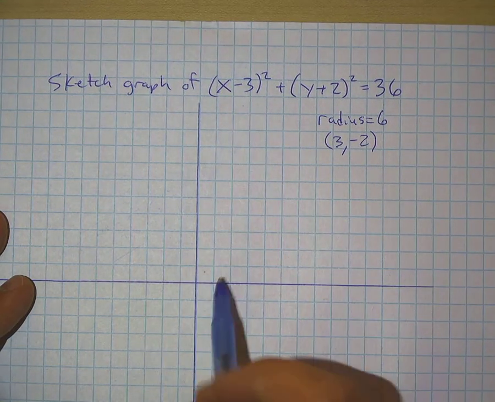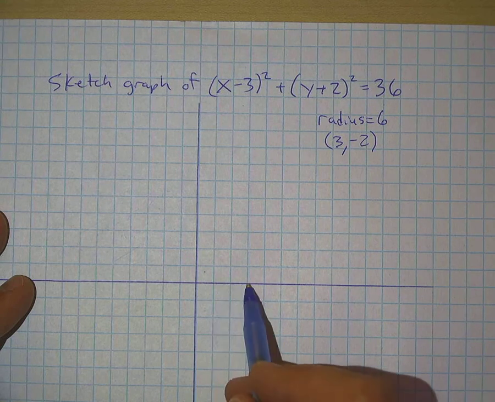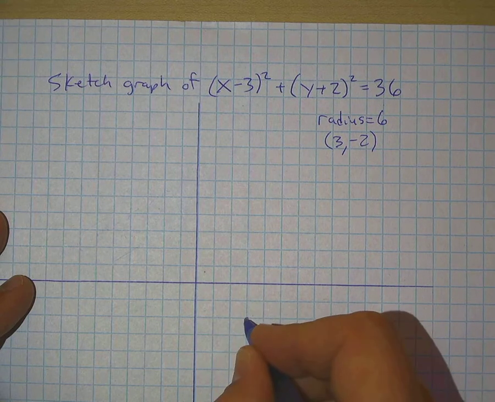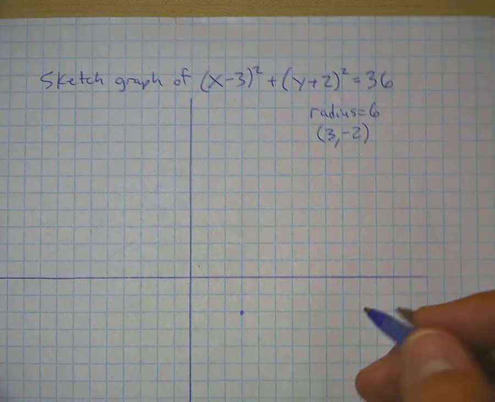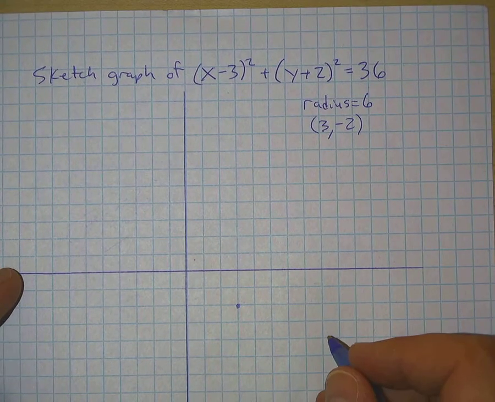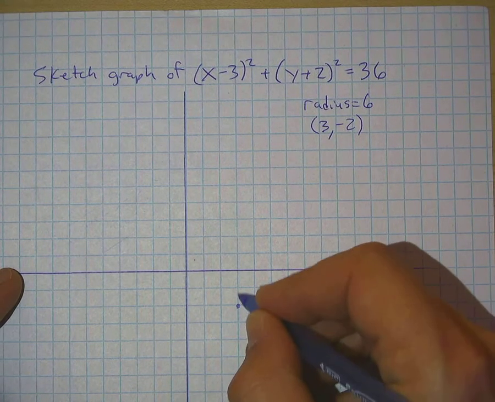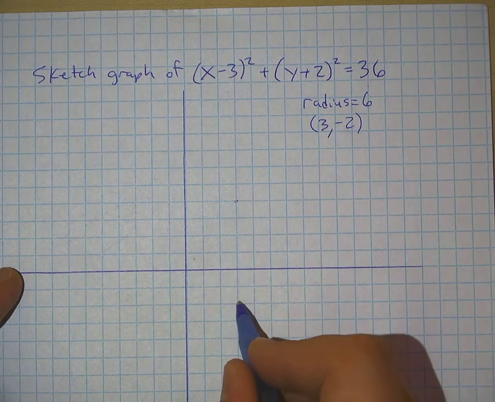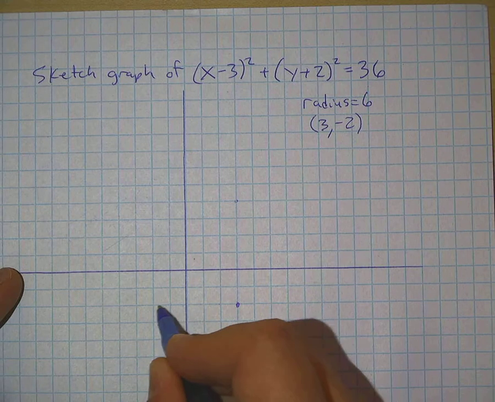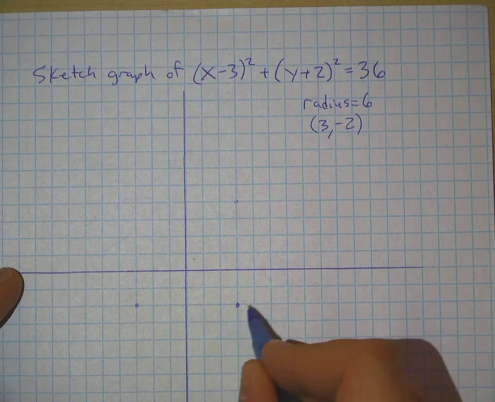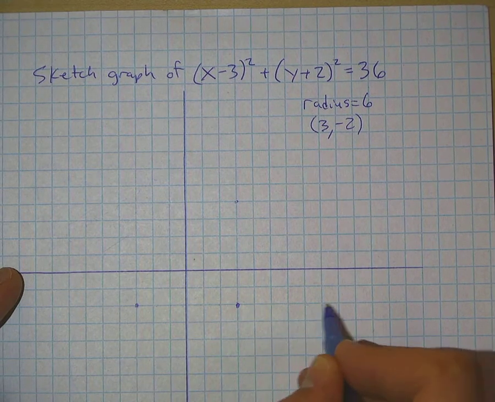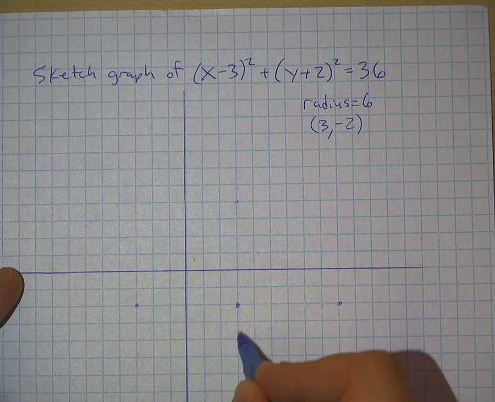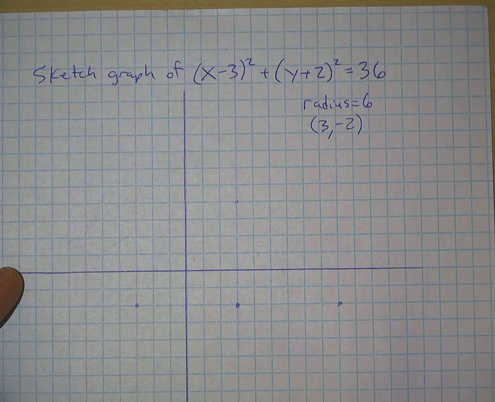I'm going to go to 3 over, 3 down 2, this will be my center, and I'm going to go 6 units in every direction. So I'm going to go up 1, 2, 3, 4, 5, 6. Over 1, 2, 3, 4, 5, 6. Over the other way 1, 2, 3, 4, 5, 6. And down 1, 2, 3, 4, 5, 6.